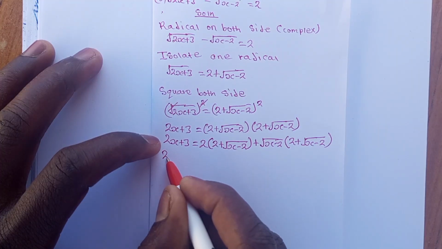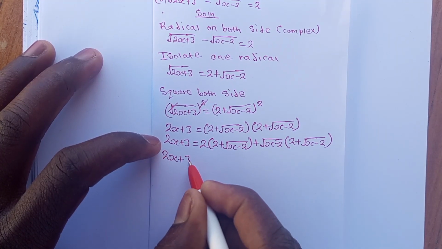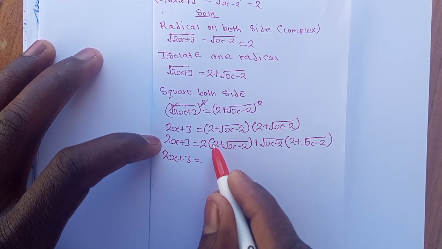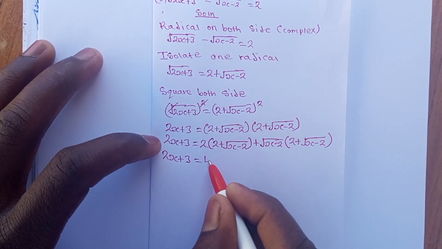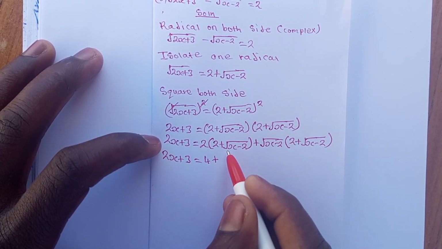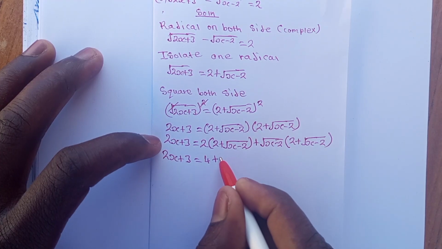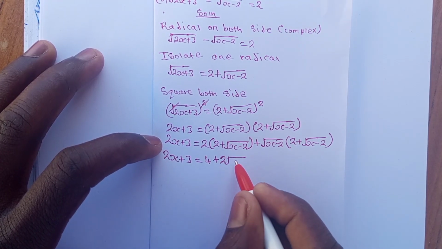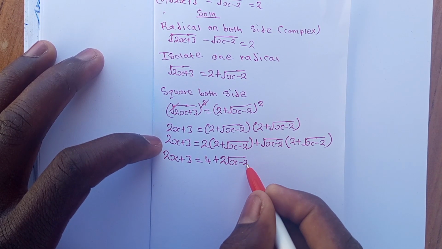Now we solve. We say 2x plus 3 equals to, plus times plus is plus, 2 times 2 is 4. Plus times plus is plus, 2 times root x minus 2 is the same as 2 root x minus 2.